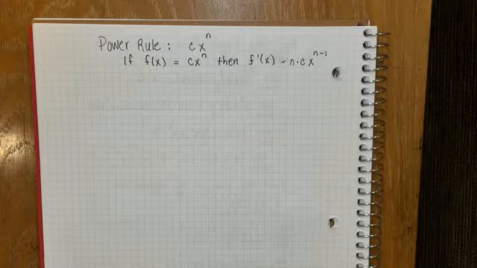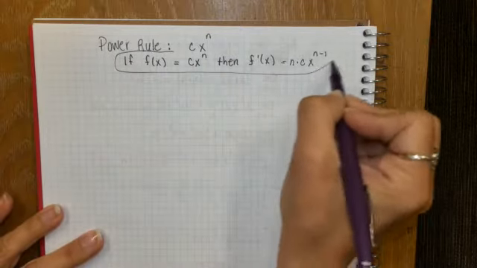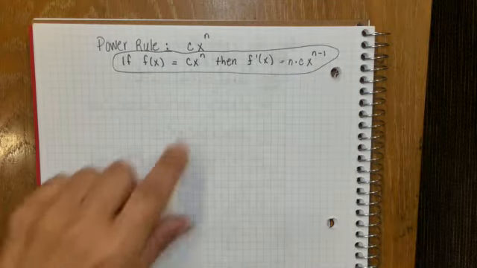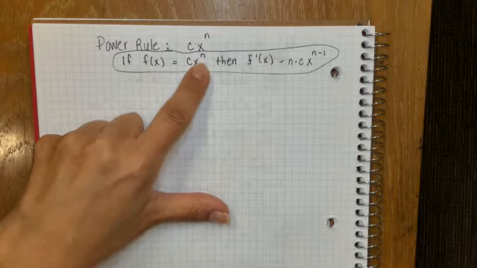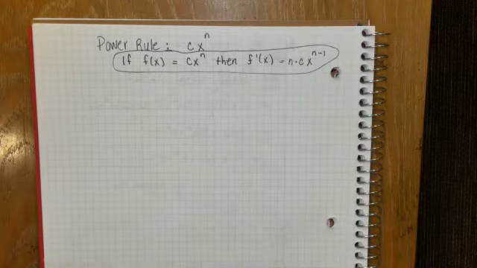That is the power rule, the most commonly used rule in all of calculus. Exponent comes down in front, gets multiplied by the coefficient, decrease the power by 1.